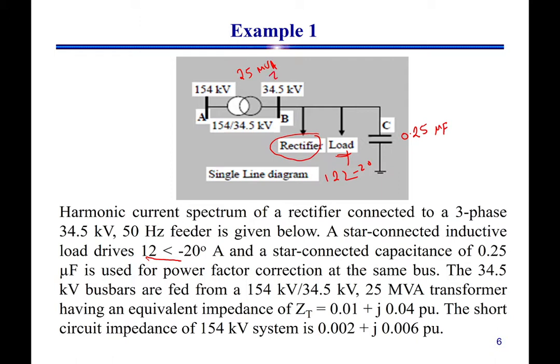So Z for the transformer is equal to 0.01 plus j0.04 per unit. The short circuit impedance of the 154 kilovolt is 0.002 plus j0.006. So over here, the source impedance will be given by 0.02 plus j0.06 per unit.